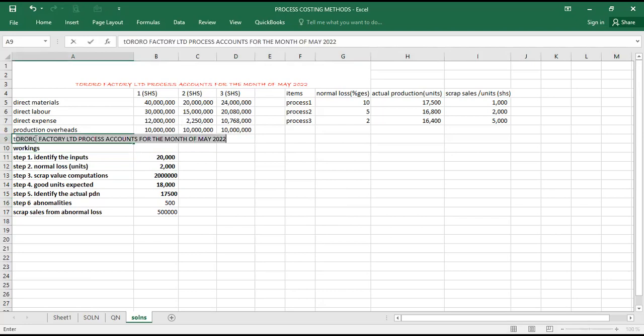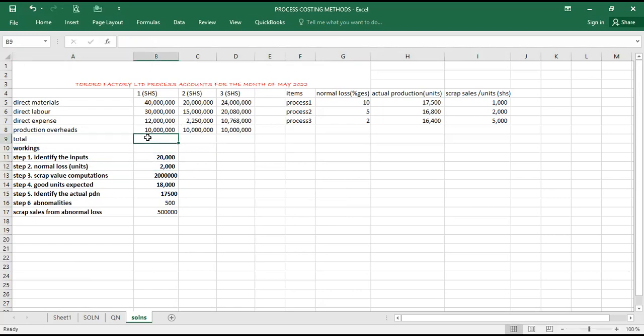Everything is included there. We say it is equal sign sum. But in most questions you may find that you have to reorganize all of this. If it is organized the way you are seeing, you just get the totals.